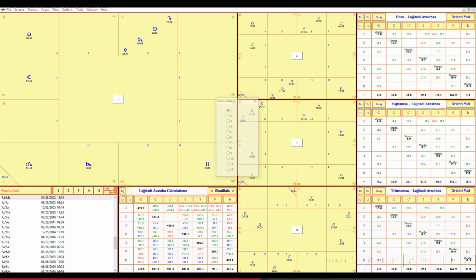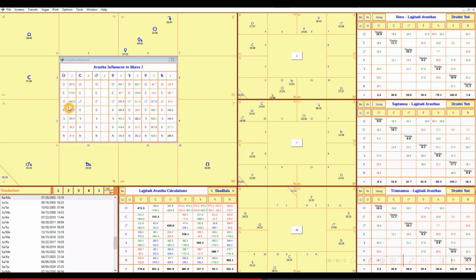Then we have the BH, which stands for Bhava, where we can select a Bhava, say second, and we can look at all the planets influencing the second Bhava. And we can say, okay, the best number here is 650 for Jupiter delighted by the sun.